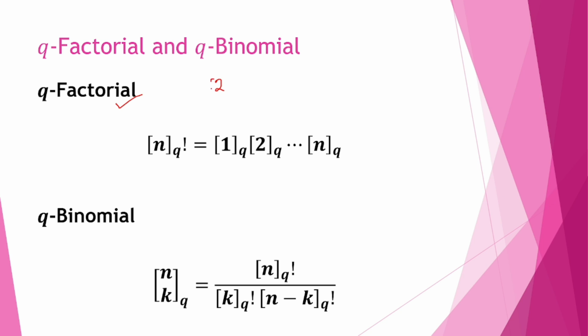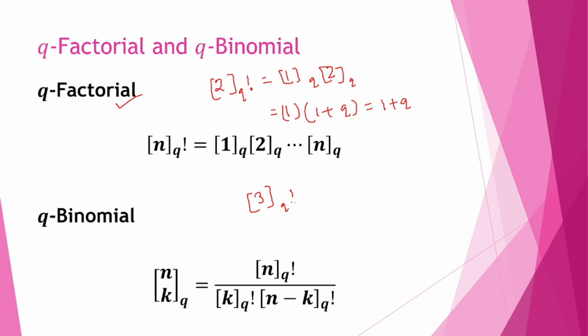Now if I write 2q factorial, it means 1q into 2q, and 1q we know is 1. 2q is 1 plus q. So 2q factorial will be 1 plus q. Similarly, 3q factorial, if I write, it will be 1q, 2q, 3q.